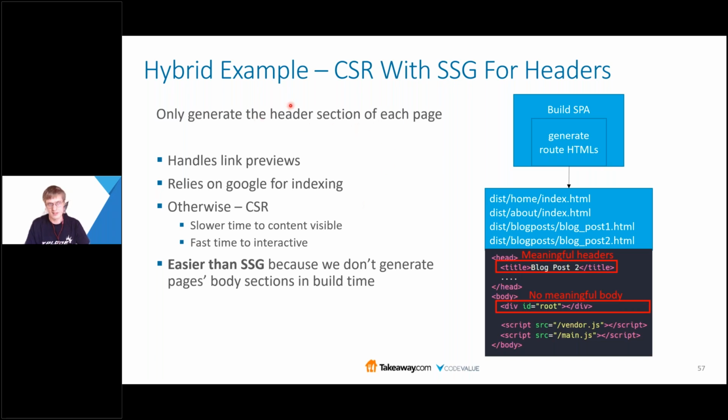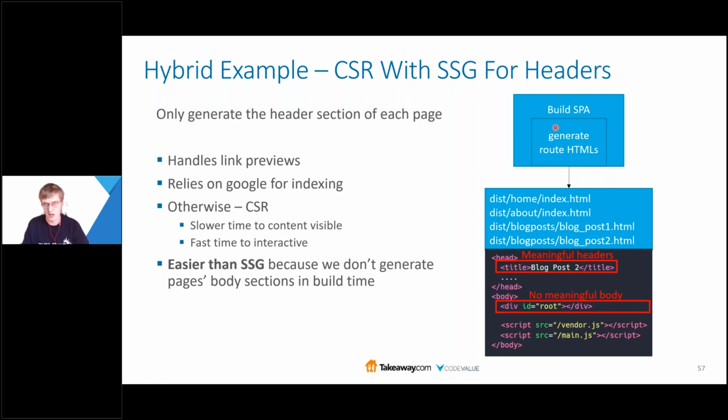So I have a hybrid example here. I use client-side rendering with server-side generated headers. Okay, so at build time, in this example, what I did is that I only generated the headers, okay? It's much easier than generating the whole body, and you don't really need to care about hydration as much, because you can just hydrate the body, but you can ignore the header altogether.